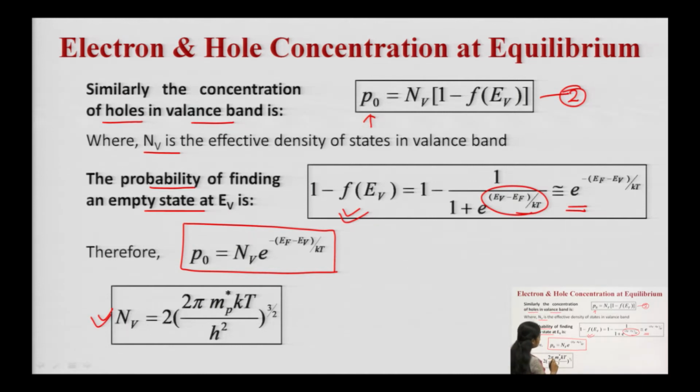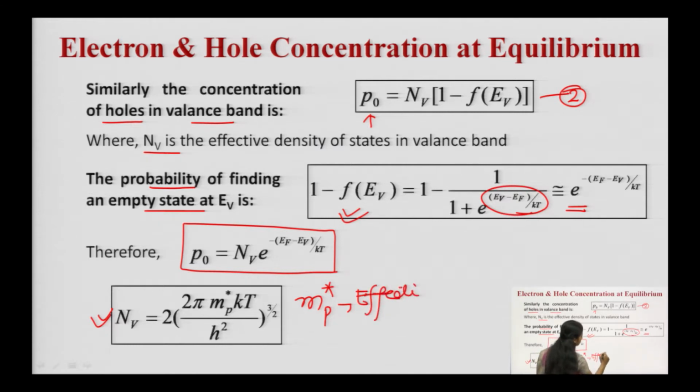Twice of (2 pi MP star KT upon H square) to the power 3 by 2, and each and every term you know. And here MP is the effective mass of holes, which is different from the rest mass of holes, same as I have explained in the previous case.